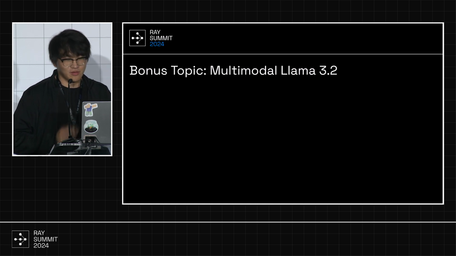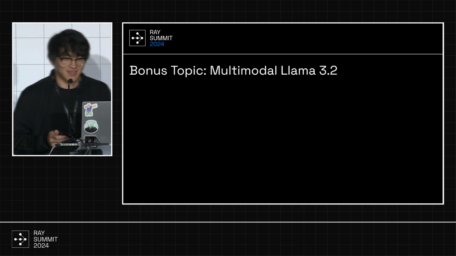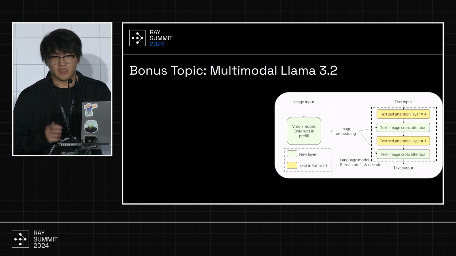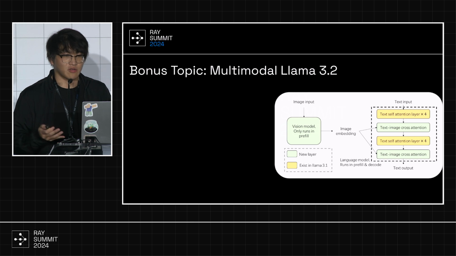And before I wrap up to go to the future roadmap, I added a bonus topic here, multimodal Llama 3.2. Actually, I added this slide last night because it came out last week. First of all, I want to give a brief overview of what the multimodal Llama 3.2 looks like. It's a totally different beast than the other vision language models or audio language models out there because it involves cross-attentions.